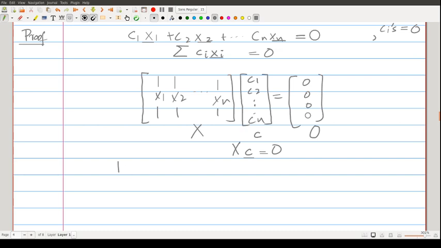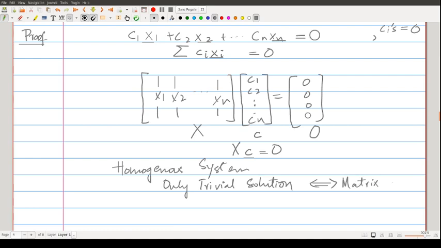And we know for a homogeneous system that it will have only the trivial solution if and only if the matrix is non-singular, right?